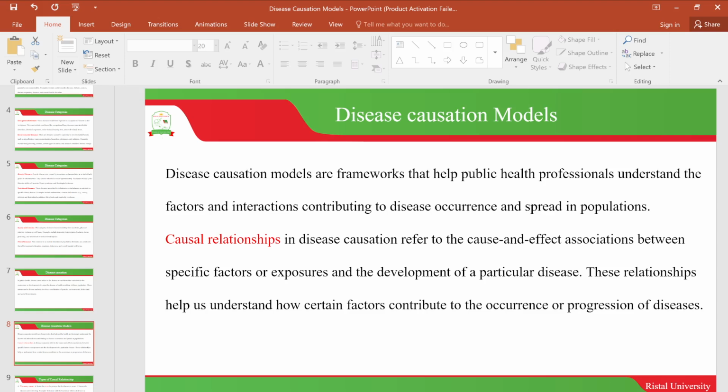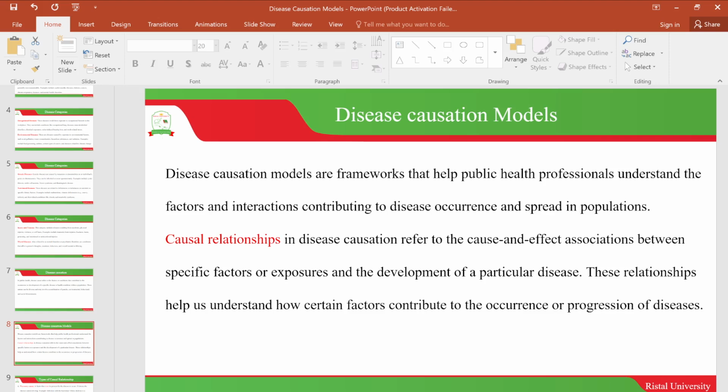So the event A is the cause, and the disease B is the effect. When we talk about causal relationships, we're talking about the cause and the effect.